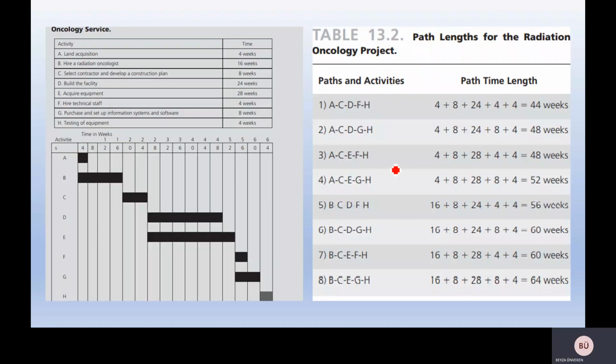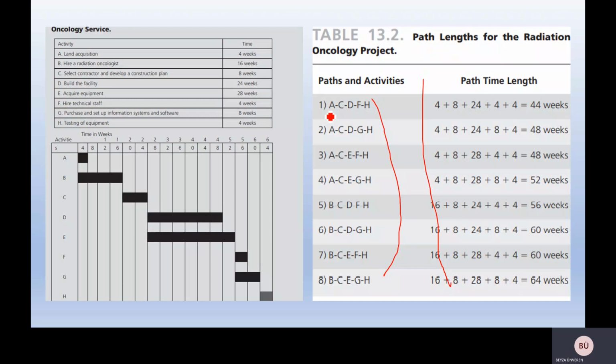The length of time for any path is found by summing the times of the activities on the path. For these 8 paths, the path time lengths are shown here. For example, let's do the first one. B is 4 weeks.